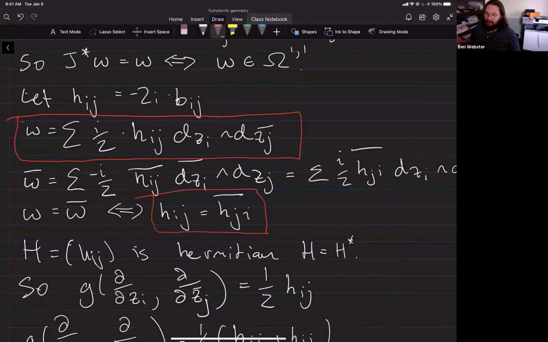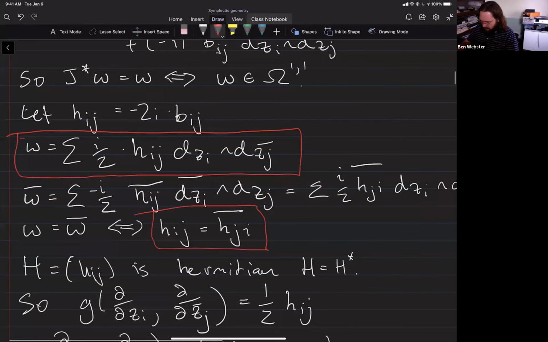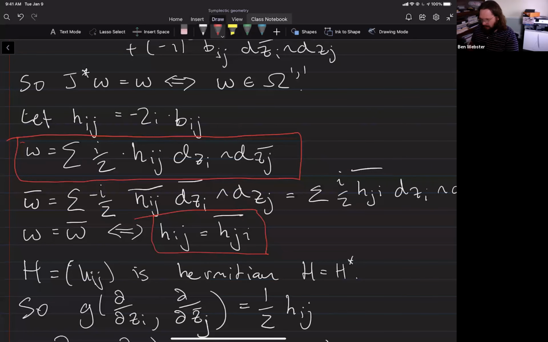I would rather think about this Hermitian matrix than the skew-Hermitian matrix that was given by the original b_ij's. So when I write my 2-form in coordinates this way, I get a Hermitian matrix at every point in my coordinate chart.